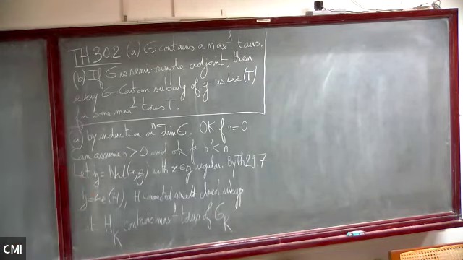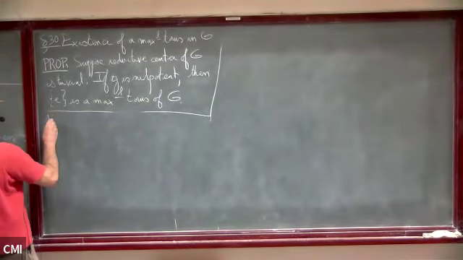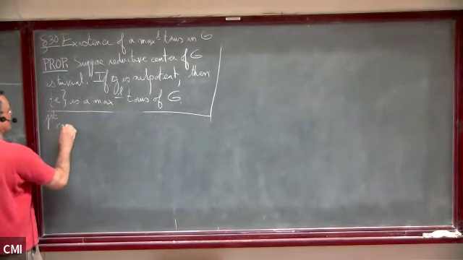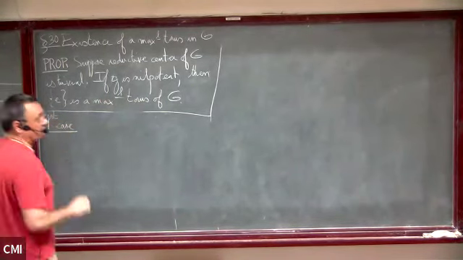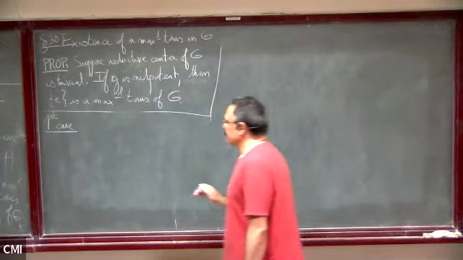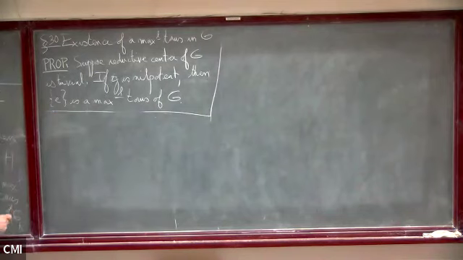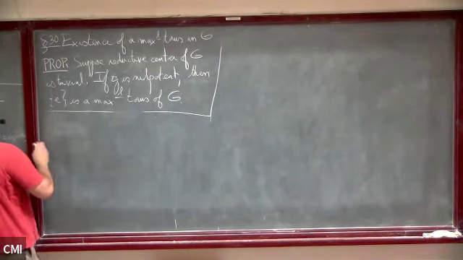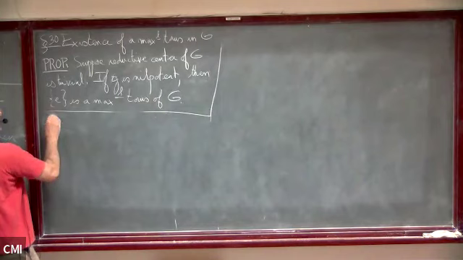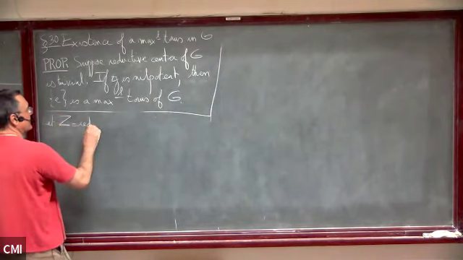So there are two cases. So first case. Oh, okay. No. So there is a first reduction. So let Z be the reductive center.